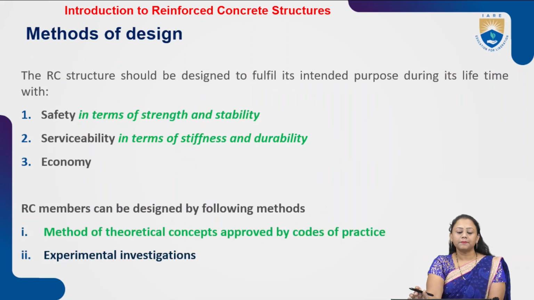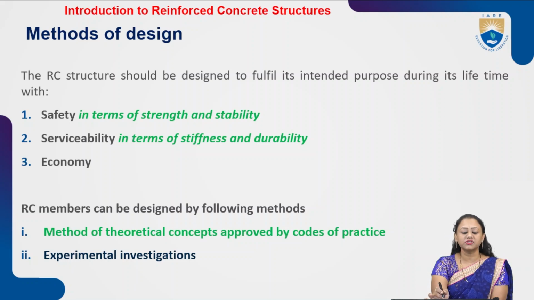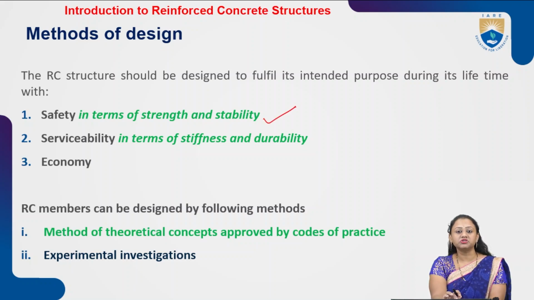So coming to the methods of design. The RC structure should be designed to fulfill its intended purpose during its lifetime. And what are the requirements of an RC structure? Firstly, as we discussed already, safety in terms of strength and stability. So it should have adequate strength and should be stable.